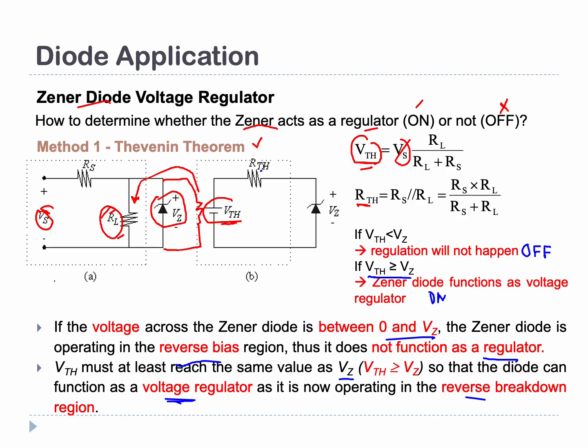So if the value of VTH is larger than VZ, the diode will be in a reverse bias condition. If it is a reverse bias condition, we know the Zener diode is on here.